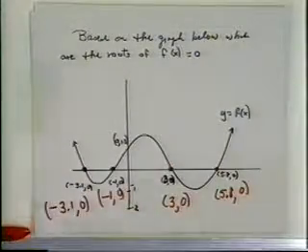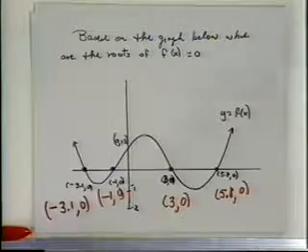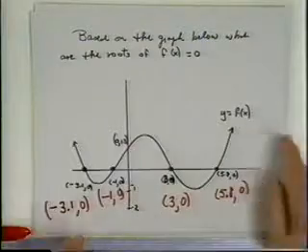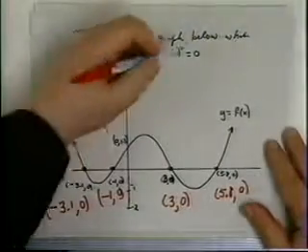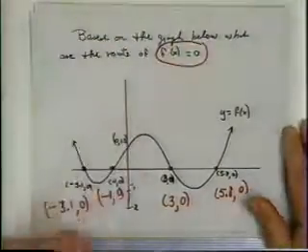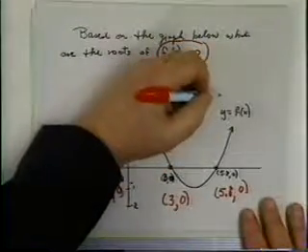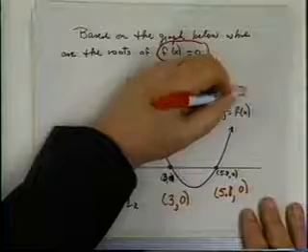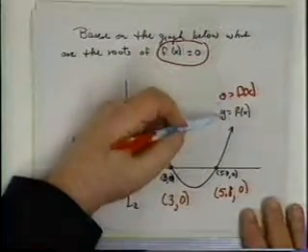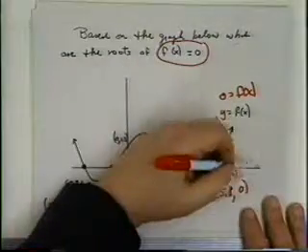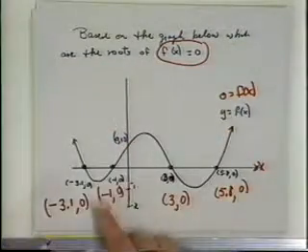And what the question is saying to you is, based on this being the graph y equals f of x, what are the roots of the equation f of x equals 0? Equate these two together. This says 0 equals f of x. Isn't this just saying, for what value of x will y be 0? y is 0 whenever you're on the x-axis.